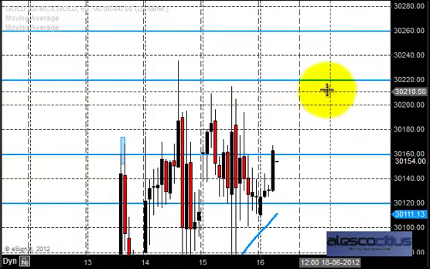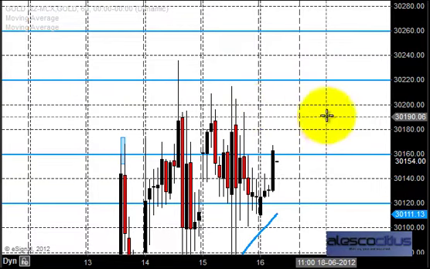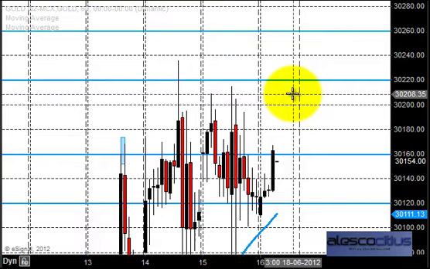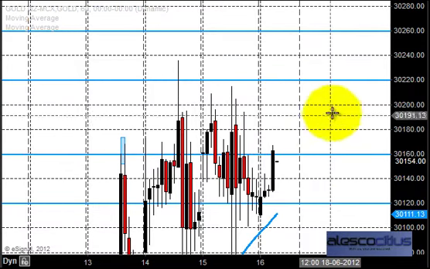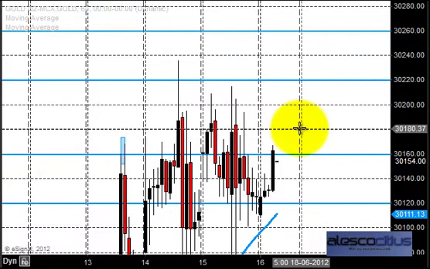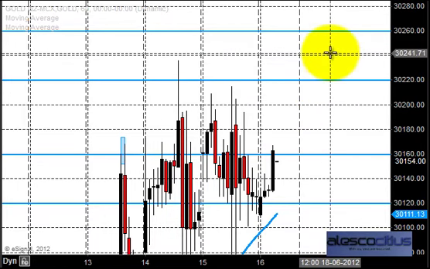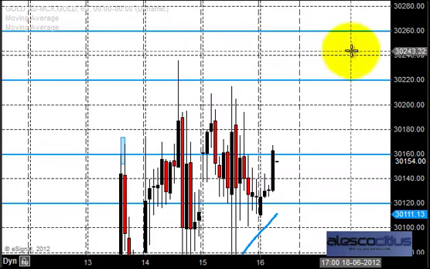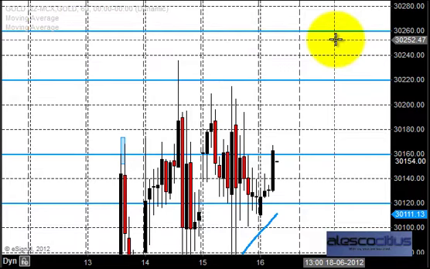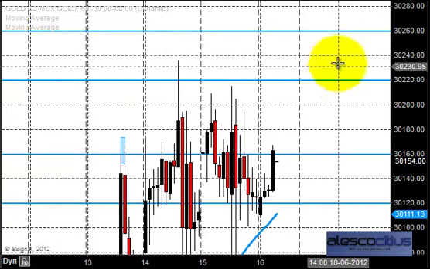Many times, on different contracts, the market has failed at this zone of 30,160 to 30,220. So in order for the trend to continue, the market should break 30,220 and put a closing above 30,220. That can push the market higher.